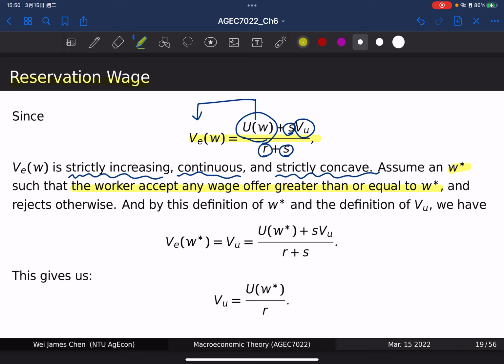It is defined so that when you receive W star, you are indifferent between working or not. By that definition, VE of W star is going to equal VU, because this person is indifferent between working and not working.